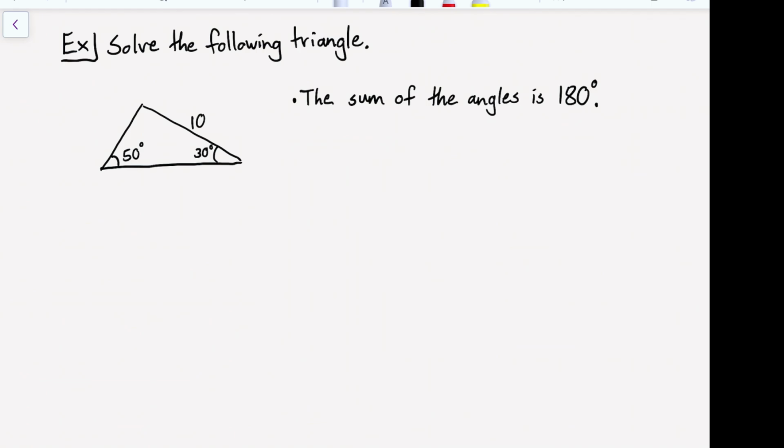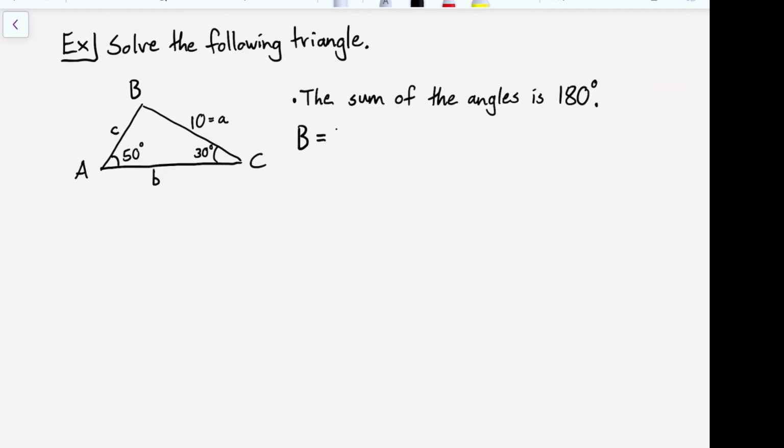So we have the following triangle given to us, and I'm going to take the time to label this triangle. I'll call this angle A, angle B, angle C. It doesn't really matter what my labels are, as long as my side lengths are consistent with that. So this side length of 10 is equivalent to little a, and we're trying to solve for little c and little b in addition to angle B. To solve for angle B, I will use the fact that the sum of the angles is 180 degrees.